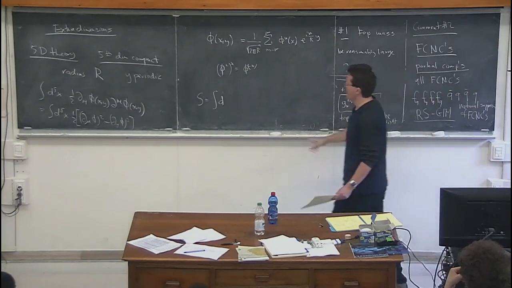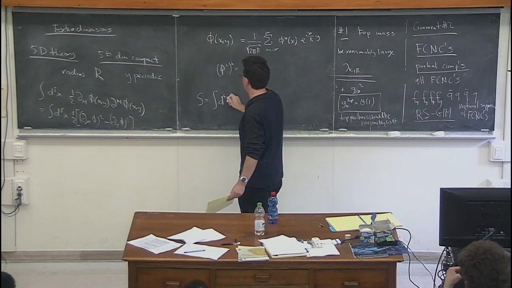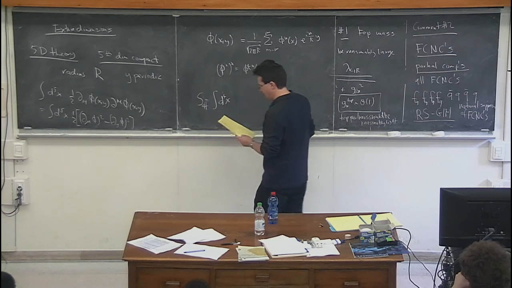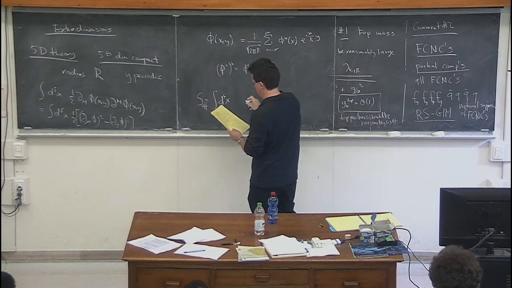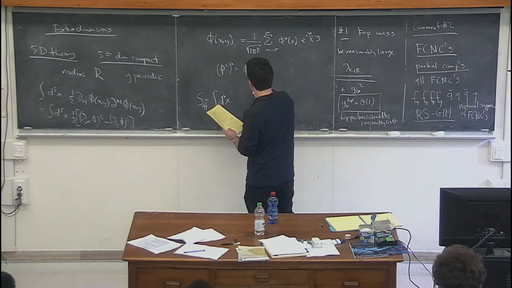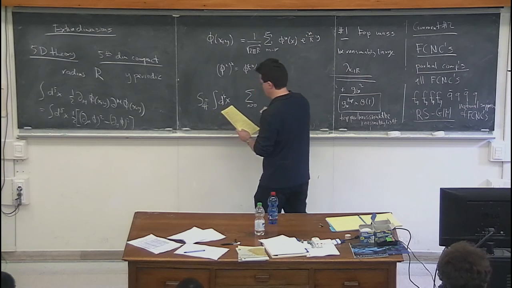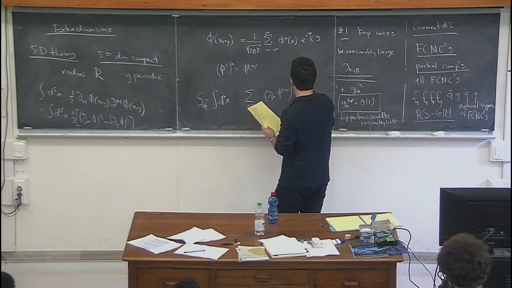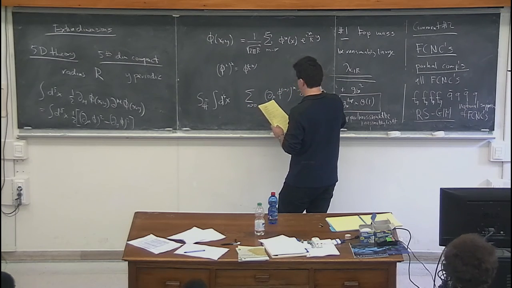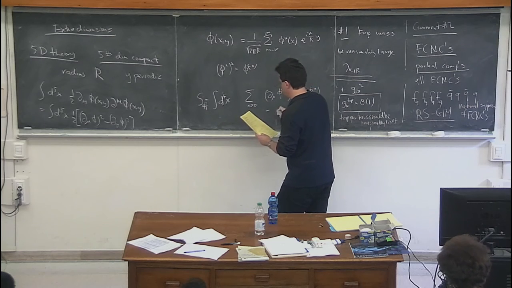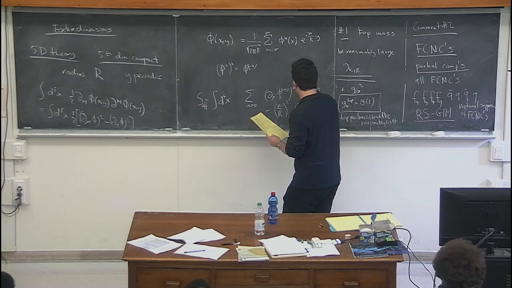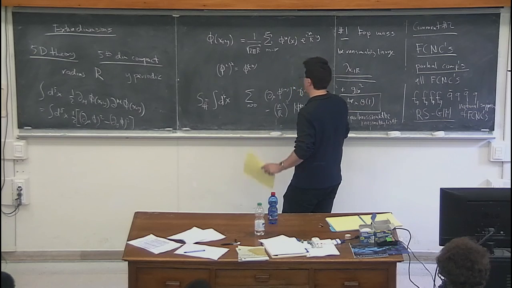Now it's going to be just a 4-dimensional integral, and it will give me an integral of the sum over positive n of ∂_μ φ_{-n}* ∂^μ φ_n minus n²/r² times |φ_n|².